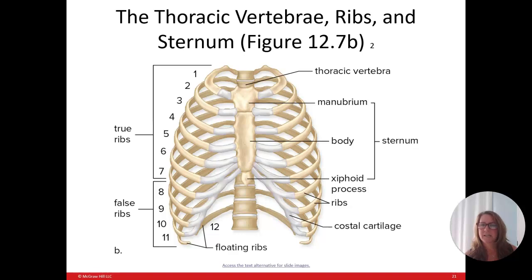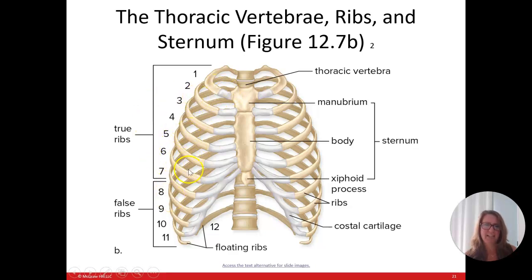Okay. This is essentially concentrated or specialized figure just of our rib cage. So all that I want you to know is that this is the sternum. It is made up of 2 parts, but that's the sternum, the breastplate. And then we have a number of ribs. You can look at your true ribs, your false ribs.